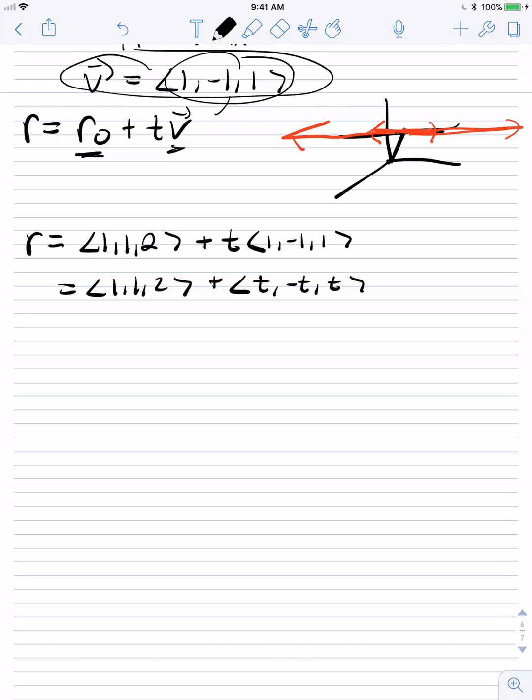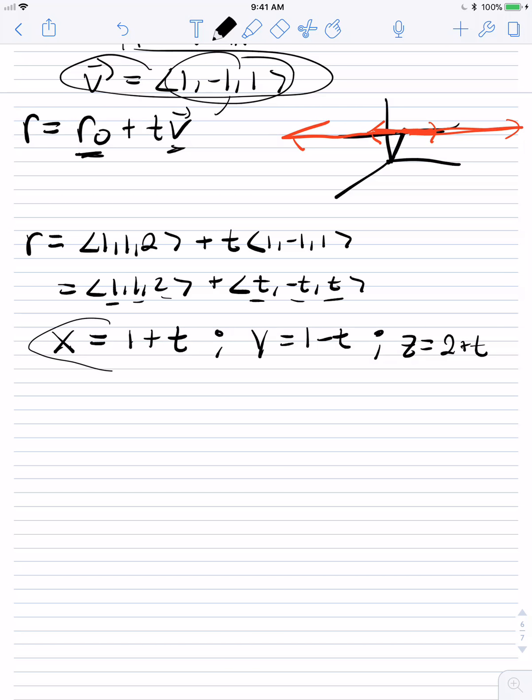For our x, y, z components, x would be equal to 1 plus t. Similarly, y is equal to 1 plus a negative t, which is just 1 minus t. And then z is equal to 2 plus a positive t, 2 plus t. And all of these x, y, and z are our parametric equations.